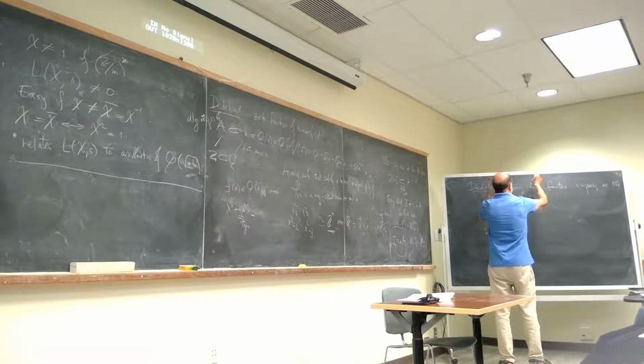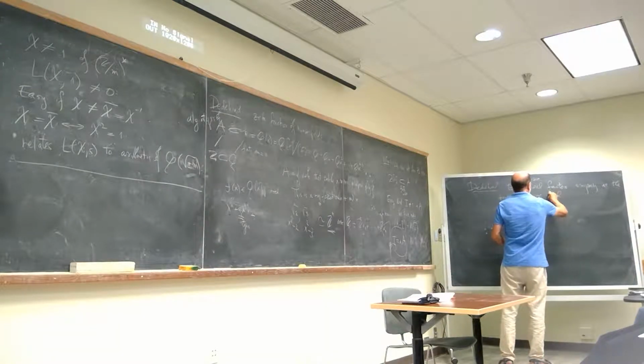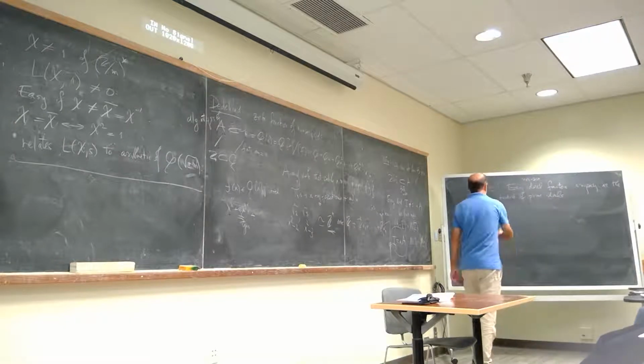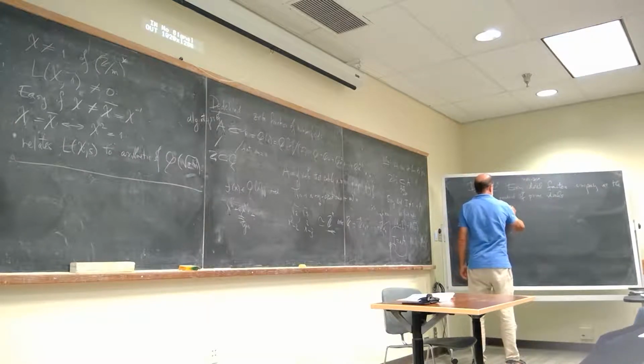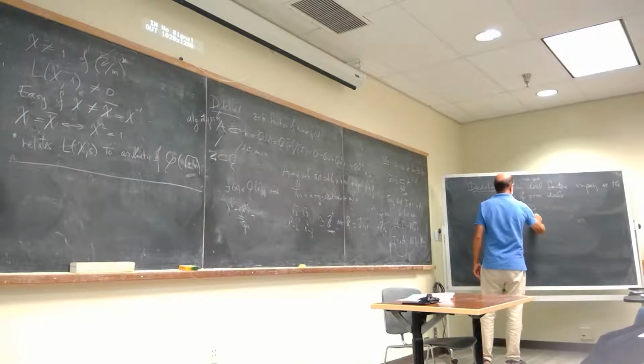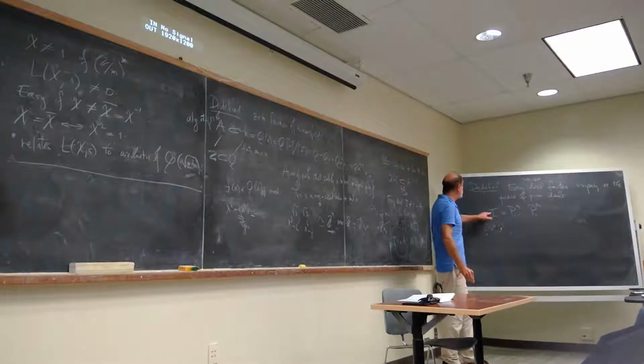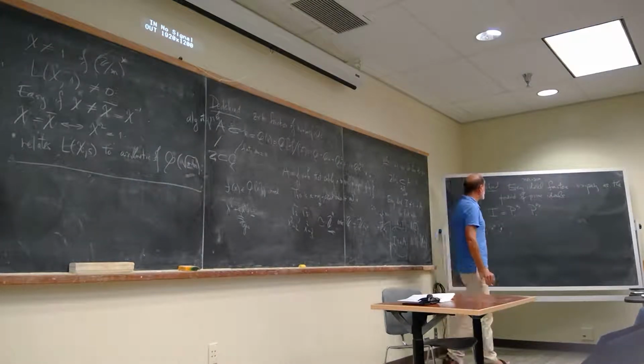By ideal, I always mean non-zero ideal. I don't want to keep saying non-zero ideal. So the ring of integers is what's called a Dedekind domain. An ideal can be written as P1^A1 ... PR^AR, and these primes and the powers are uniquely determined by I. So what's a prime ideal?